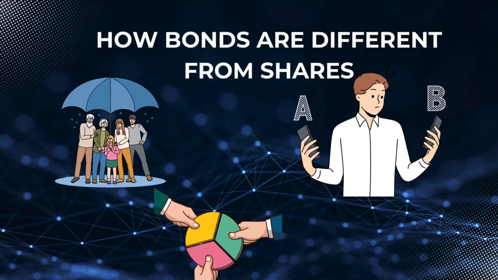And how are bonds different from shares? You might be asking yourself, why should I buy bonds? Why don't I just go for shares? So here's the difference. With shares, the money that you're going to invest is not protected. With bonds, you've got protection. With bonds, you are guaranteed to be paid interest.